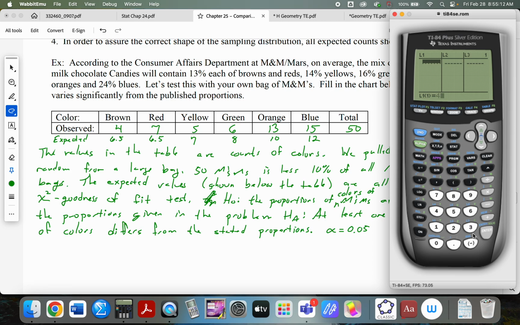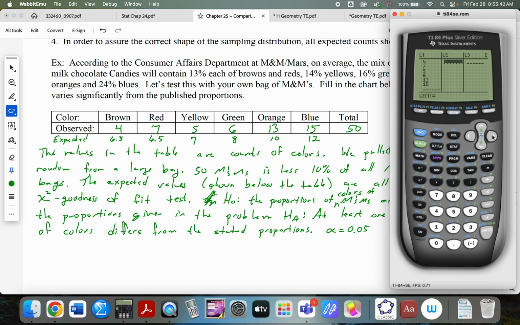And so we fill in what we actually have, and then our expected. One of the things, oops, I don't need to put in the 50 because that's the total. And this is not a touch screen, you dingus. Delete that. All right.